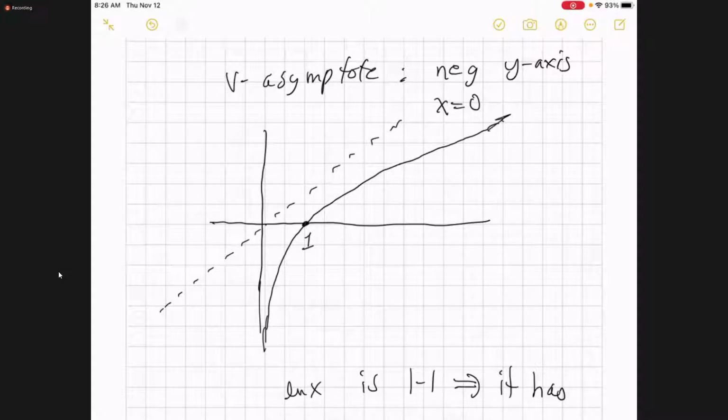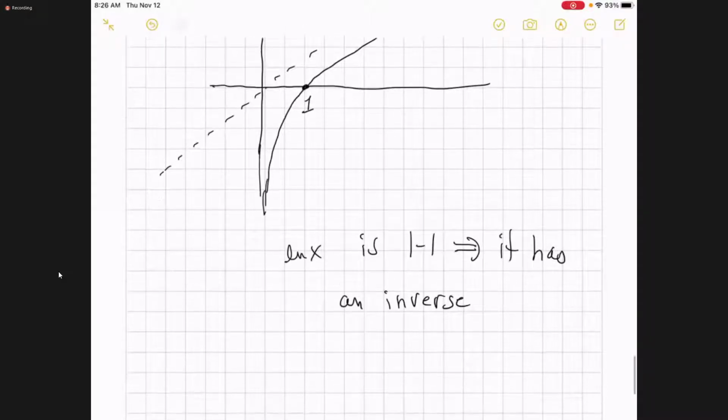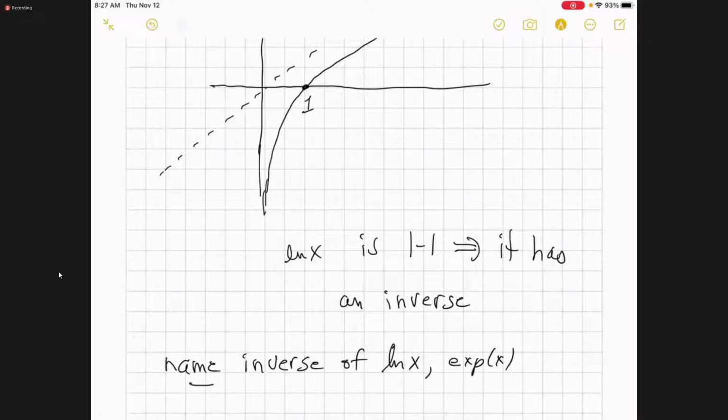Okay, there's the diagonal line. What you do is to take your curve and you flip the ordered pairs. So let's see. We're going to name it exp of x. That's our name, which, okay, stands for exponential. So we're naming the inverse of this function.